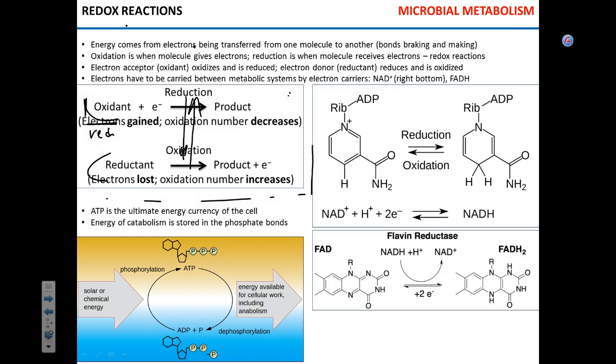So if one molecule gains the electron, what happens to some other molecule? It loses it. So this is why we often call these reactions redox reactions. One molecule loses electrons and another one gains them. So reductant loses electrons and oxidant gains them. We're clear?